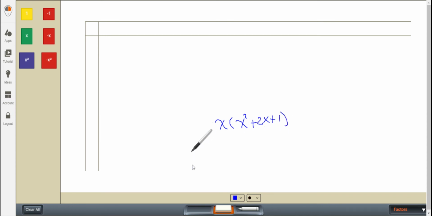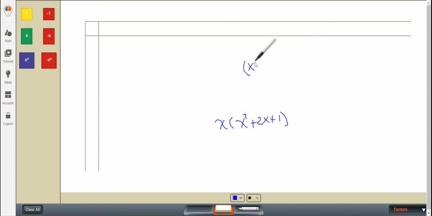Beautiful. I do have the tiles, but what I do notice is that when I multiply x times itself, I get x squared. But if I multiply x times x squared, let's make a little note here.